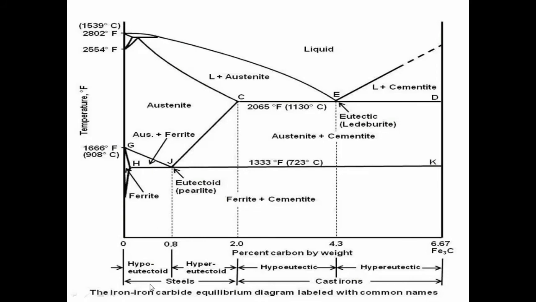Suppose this composition is there, 0.5% carbon, and you are here, and you start cooling this steel. Different solid phases appear. First the delta phase will appear, then the austenite phase. Austenite phase is a face centered cubic crystal lattice. If you cool further, a mixture of austenite plus ferrite phase will appear.